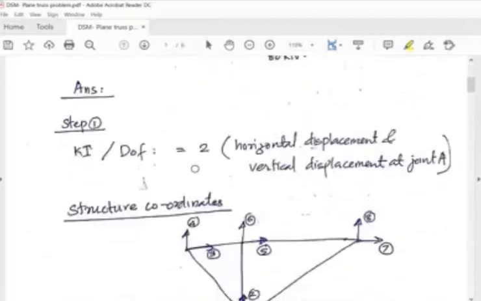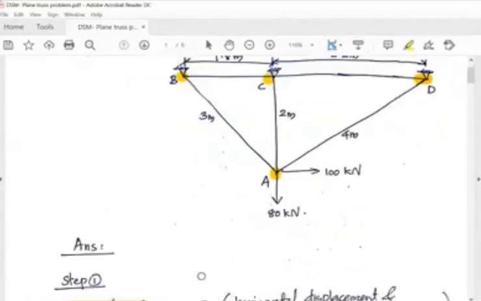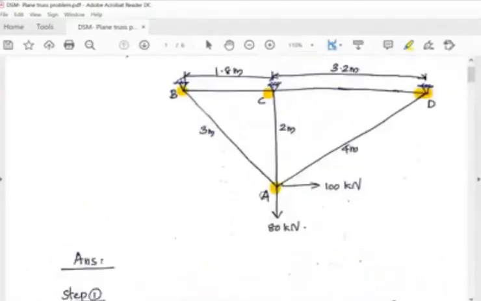First, as in the previous case, you have to find the kinematic indeterminacy or the degree of freedom, which is equal to 2. All the rotations and translations are arrested here, or you can use the basic formula to find the kinematic indeterminacy. What is the formula? It is 2j minus r. 2 into j, with 4 joints, 4 into 2 is 8, minus the number of arrested degrees of freedom, which is 2 plus 2 plus 2, 6.